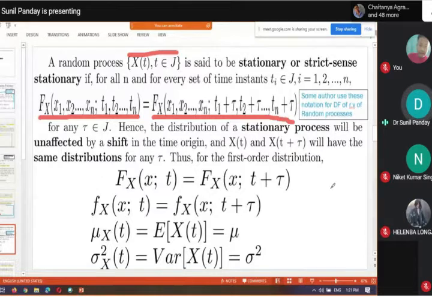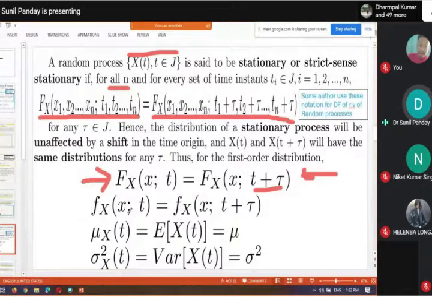It means the distribution functions are the same if we shift t by tau, because here we are saying for all n. n can be 1, n can be 2, n can be 3, n can be 4, and n can be anything.